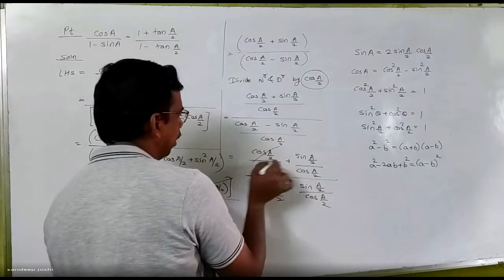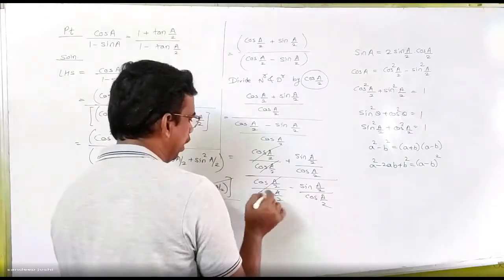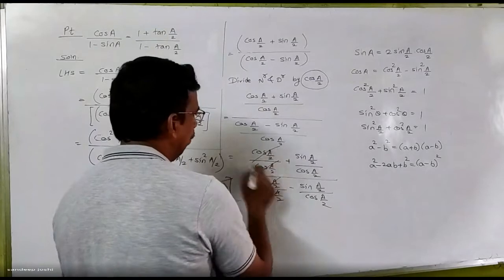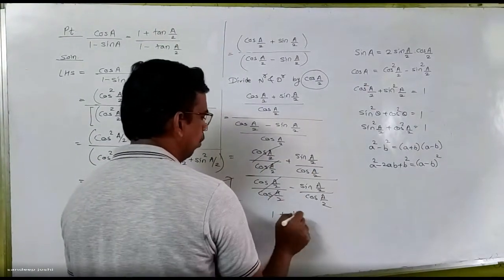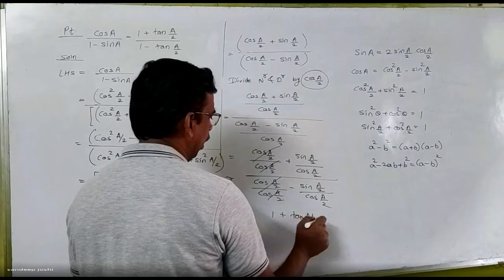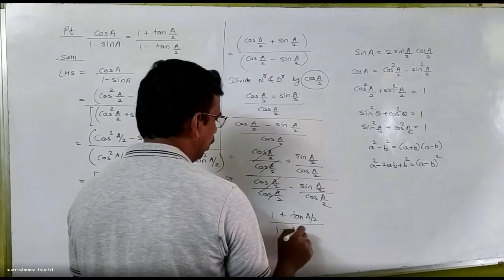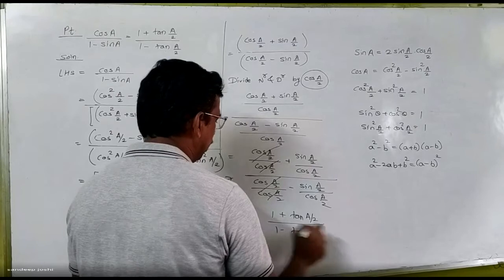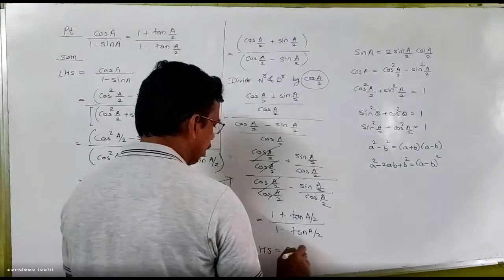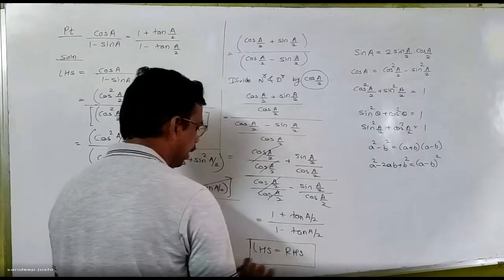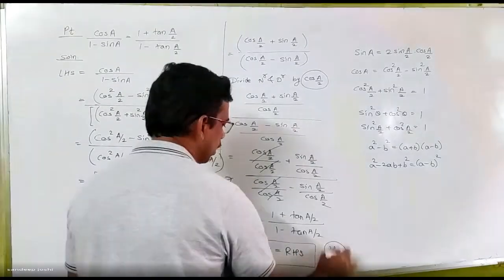You can say the terms will get cancelled out. And here what we can have is 1 plus sin by cos, which is tan A by 2, whole divided by 1 minus tan A by 2. And what is this? This is nothing but RHS. We can say the LHS is equal to RHS.